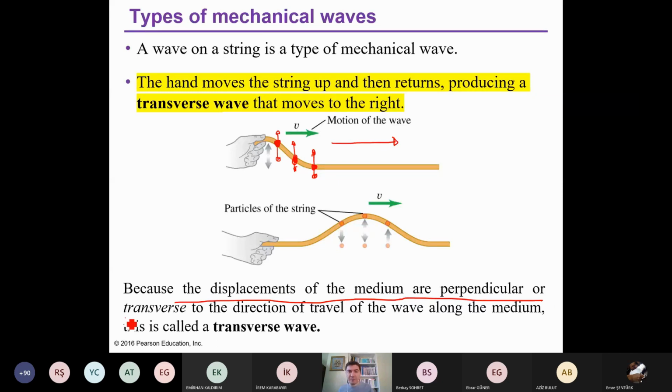And we have particles on this medium, and the wave moves to the right side, but the particles on the medium only move up and down, okay? So then the wave is called a transverse wave. Do we have any question in this part?